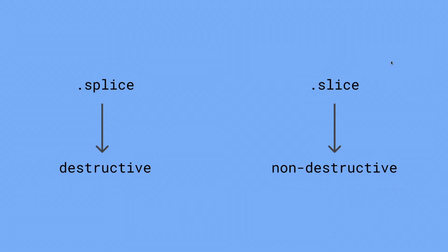Here's another example. Let's say we've got an array of 1, 2, 3, 4, 5, and we just want to take a little chunk out of this array. We could use the .slice method, and say slice from, let's say, the first element to the 4th element. Then we get something such as 2, 3, 4, or 2, 3, 4, 5.